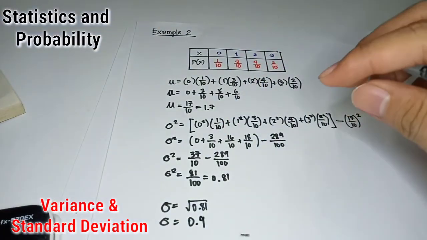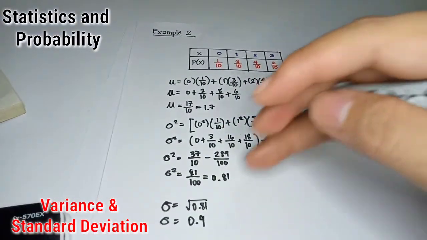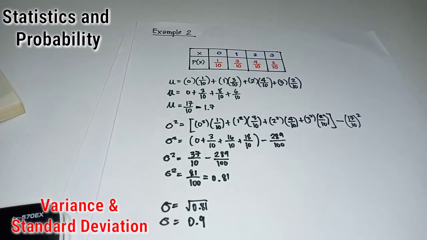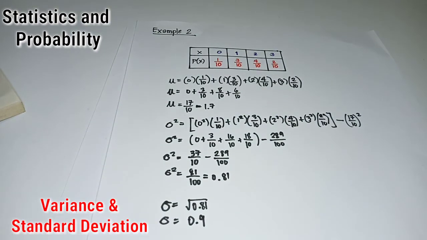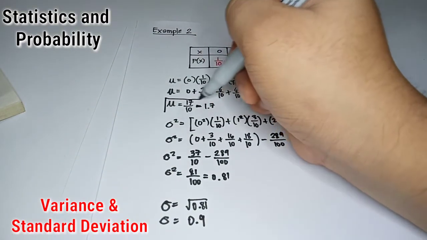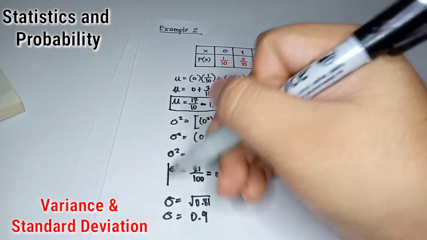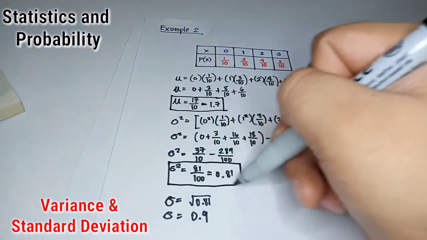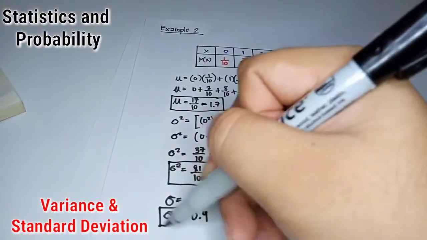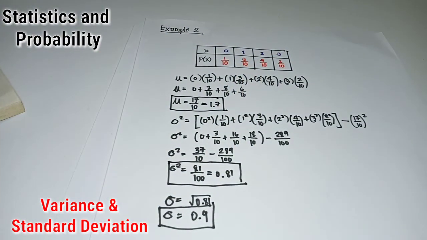So the standard deviation for this example is 0.9. So you have a mean of 17 over 10 or 1.7. The variance is 0.81 and the standard deviation is 0.9. So that's example number 2.